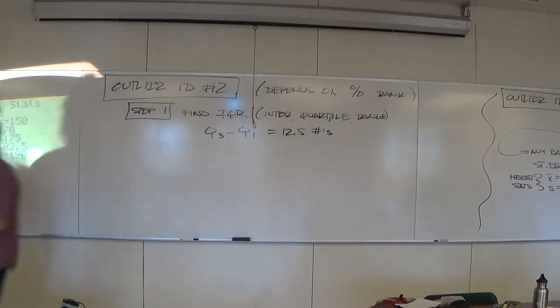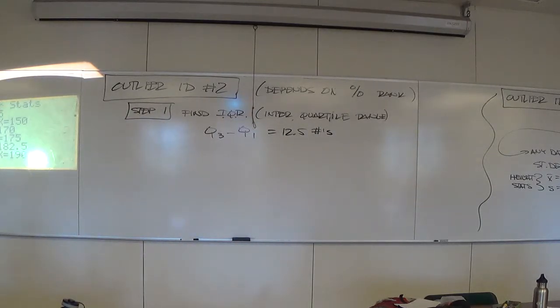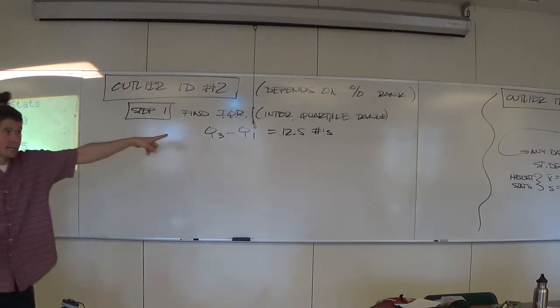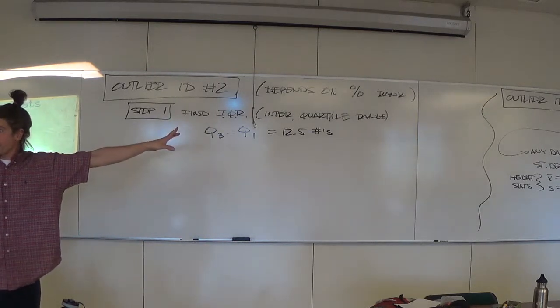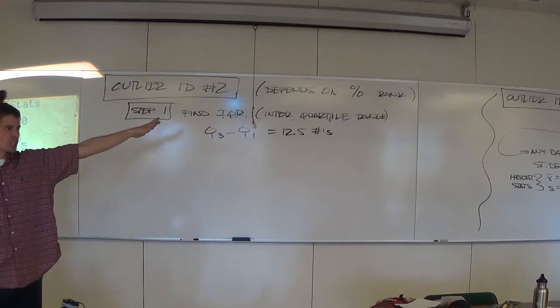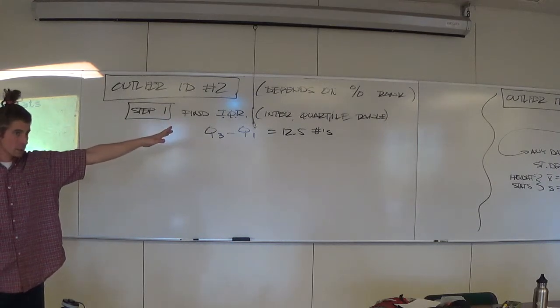12.5 pounds. Love it. Now that kind of sounds like a what? It does, doesn't it? It kind of sounds like a standard deviation. That's the offness of the median. You know, you guys were 12.5 pounds around the median. The problem is, if you're trying to compare this back to the idea of setting up fences from a standard deviation, what does 2 standard deviations capture, percentage-wise?